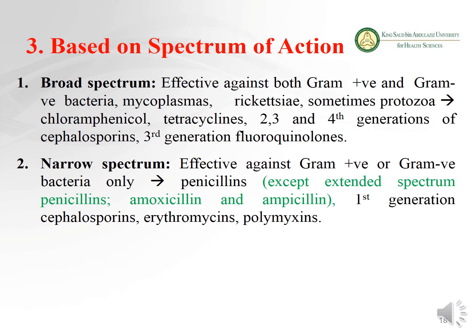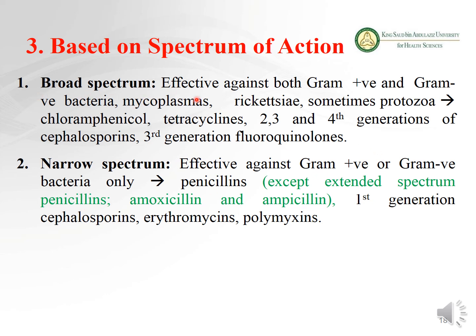Based on the spectrum, we have narrow spectrum antibiotics or broad spectrum. Narrow spectrum antibiotics are those which are effective against gram positive or gram negative only, so they have a specific target.